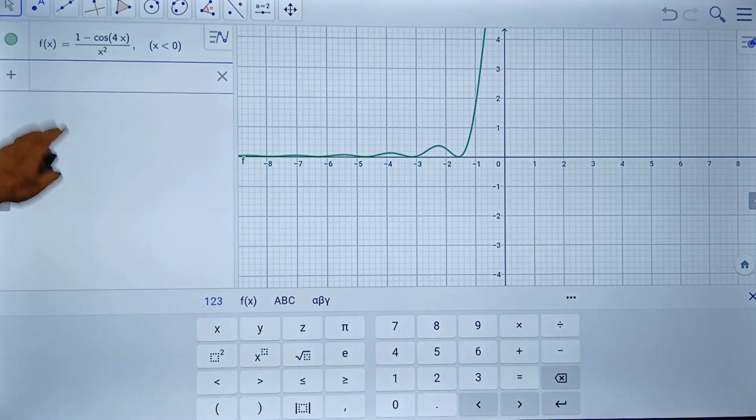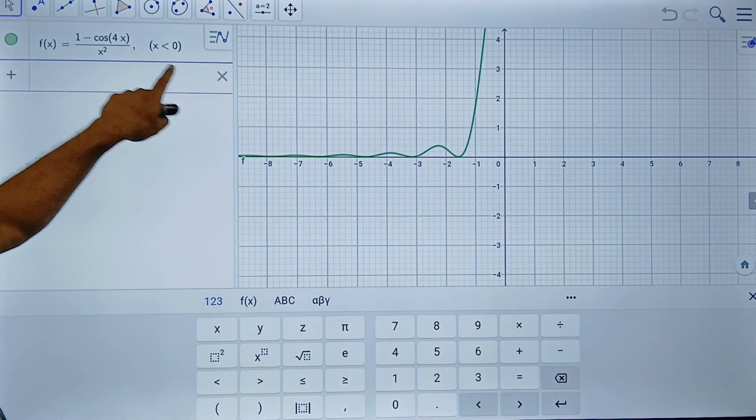So this is the graph. Now it's working. Okay, f of x is equal to 1 minus cos 4x by x square.